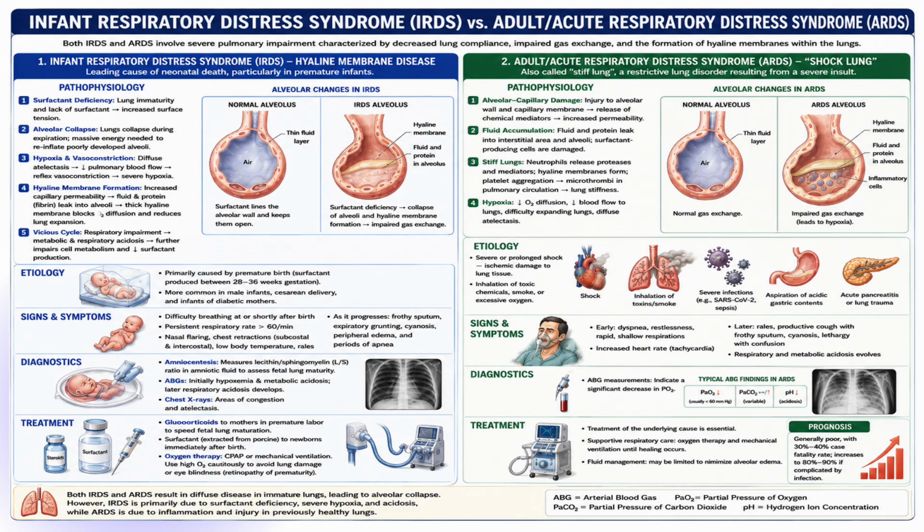Patients will develop rapid shallow respirations, hypoxia, crackles, and respiratory distress, and this can very quickly progress to respiratory failure. The major difference between these disorders is basically the underlying cause. IRDS is mainly due to surfactant deficiency in premature lungs, while ARDS results from inflammatory lung injury in critically ill patients.